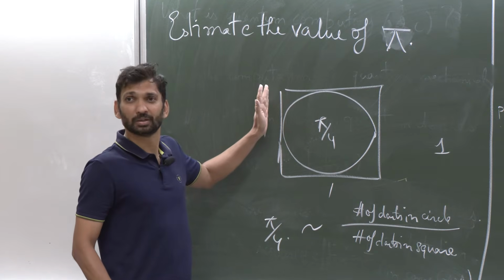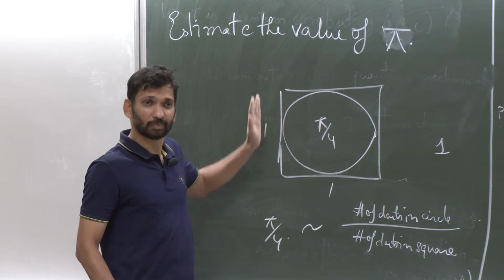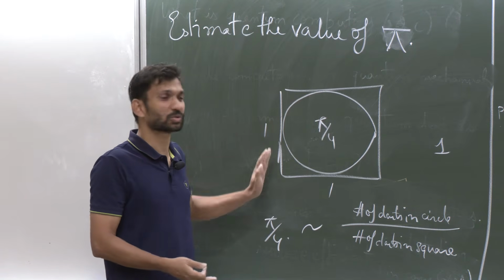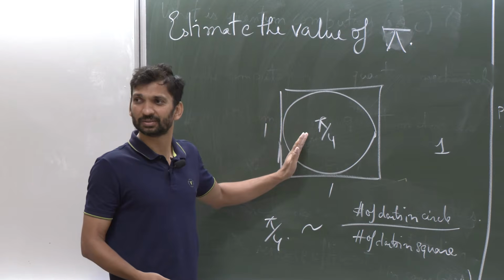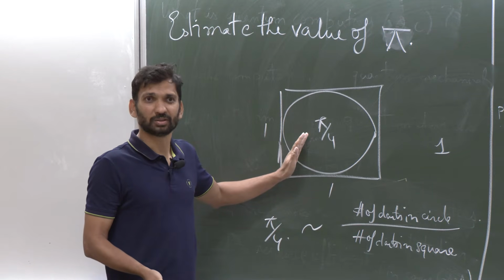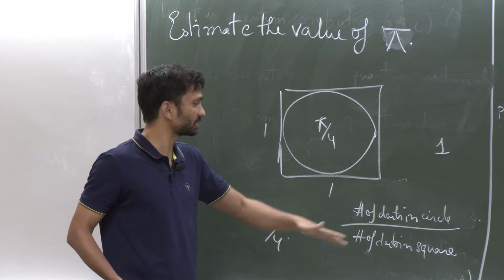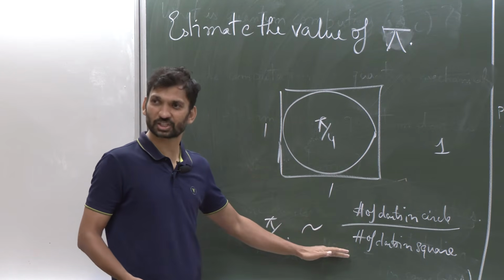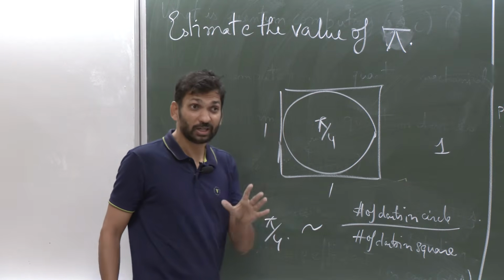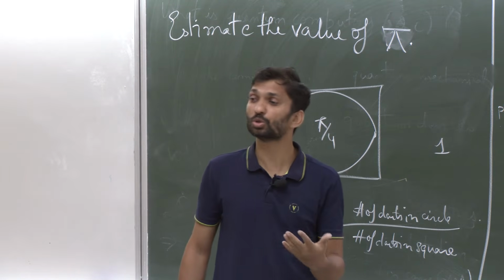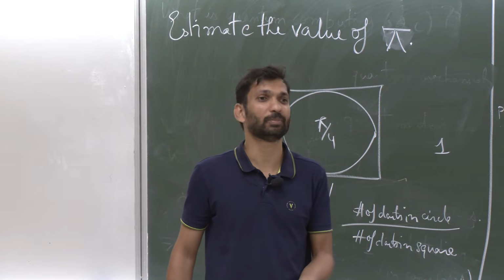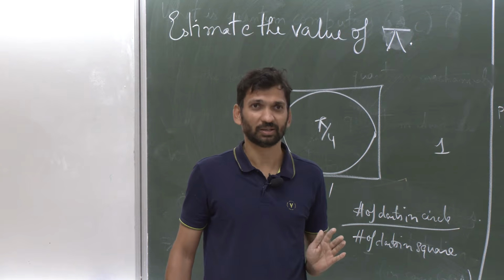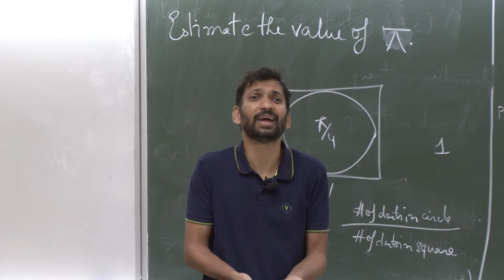You pick two numbers x comma y between 0 and 1, and then you calculate x square plus y square, see if it lies inside the circle or not. If it does, you count it as hitting the circle. Then you calculate this fraction. This should give you something close to pi by 4. You multiply it by 4, you get the estimate of pi.